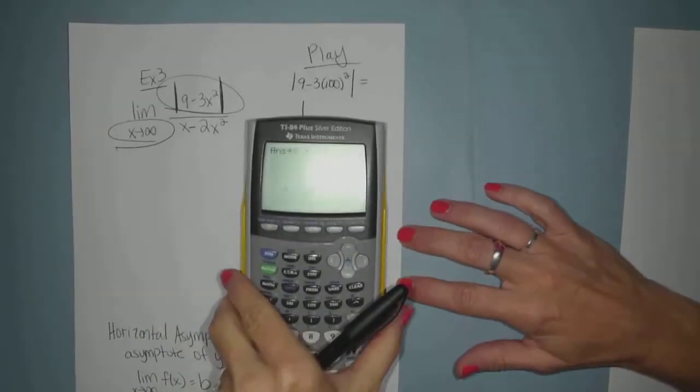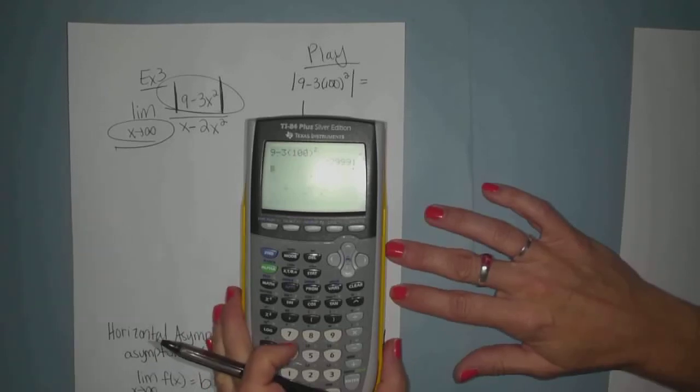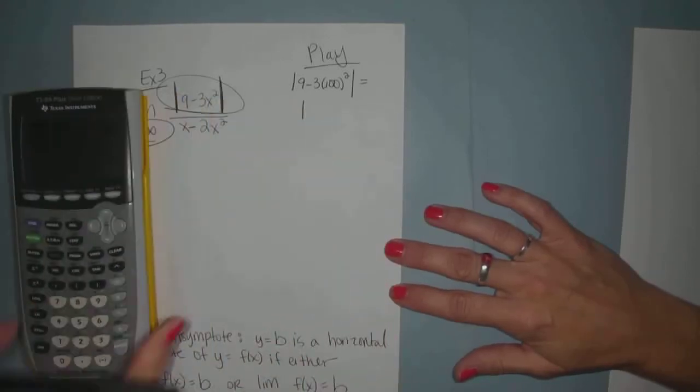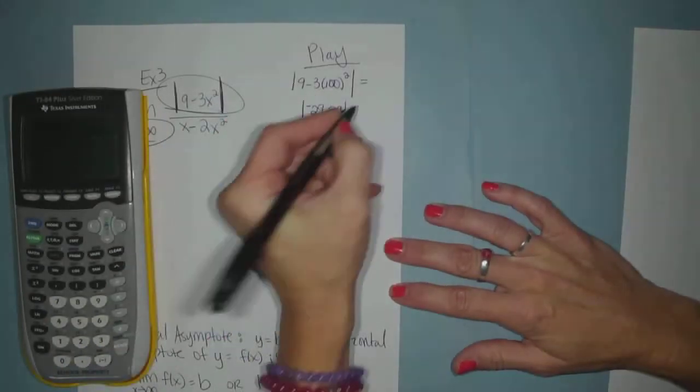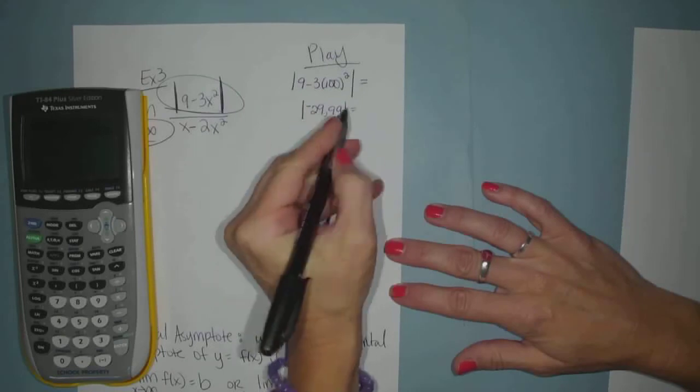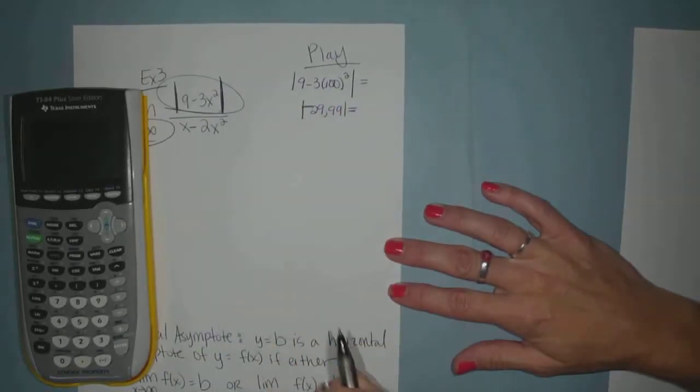So if I take 9 minus 3 times 100 squared, I get negative 29,991. Okay, this is the absolute value of negative 29,991. We know the absolute value of this negative is positive.